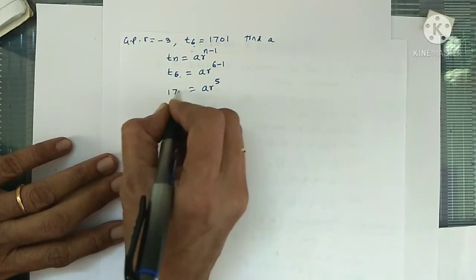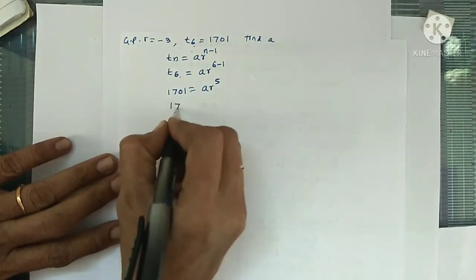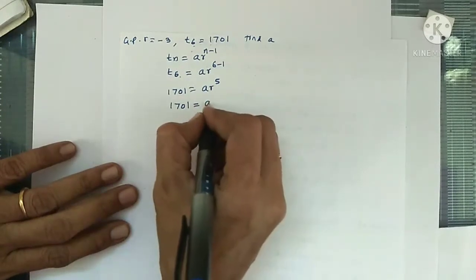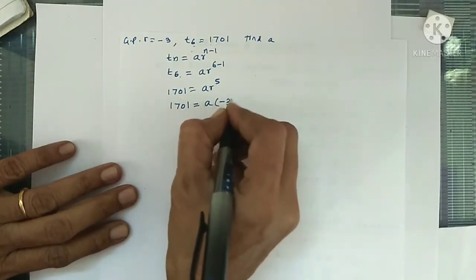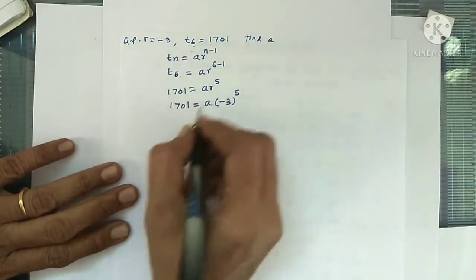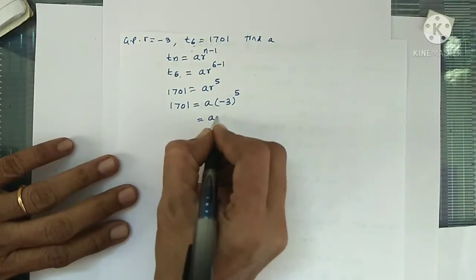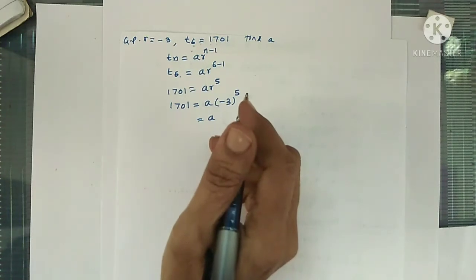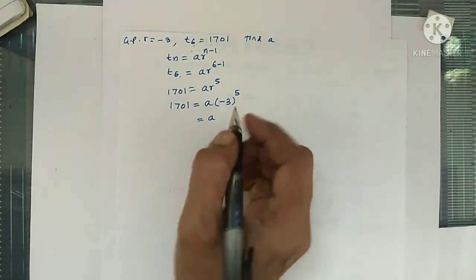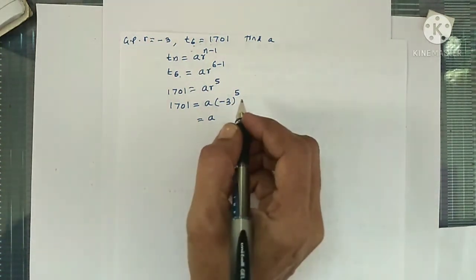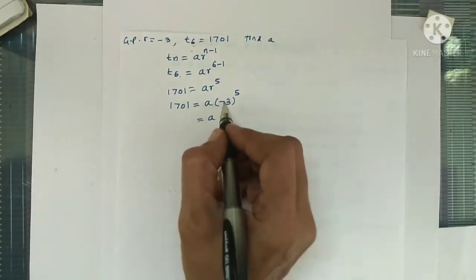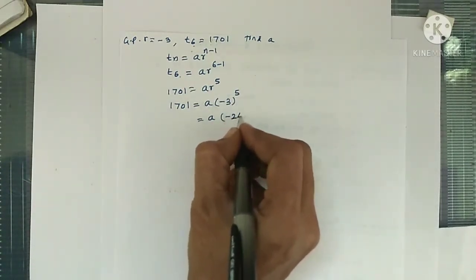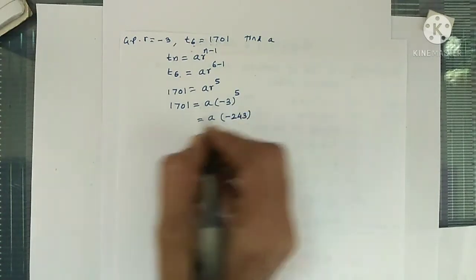And the sixth term is given, so let's substitute that, 1701. r is also given, so let's put the value of r here. r is minus 3 raised to 5. Now minus 3 raised to 5 is minus 243, as it is 3 multiplied by 3 multiplied by 3, 5 times, and minus raised to an odd power, so it is minus 243.